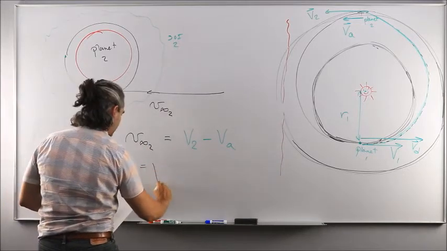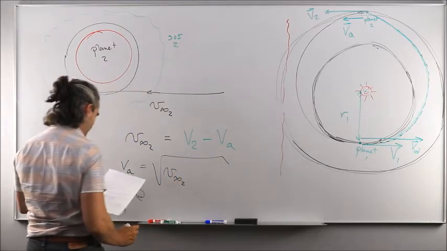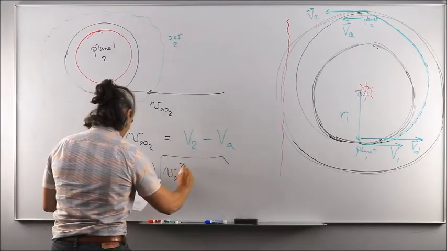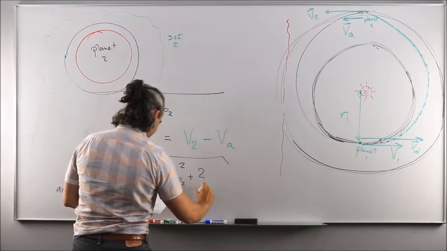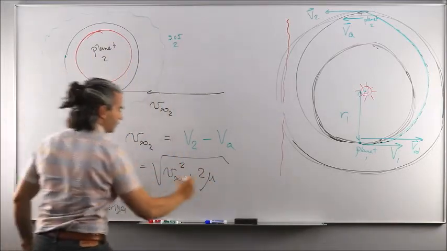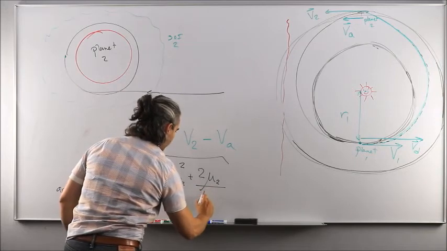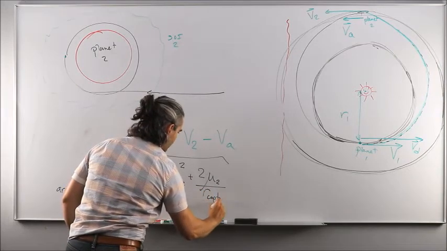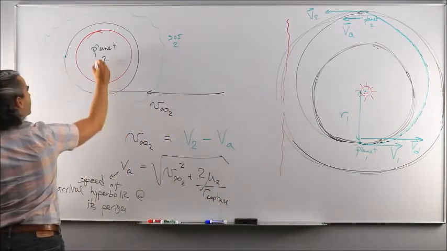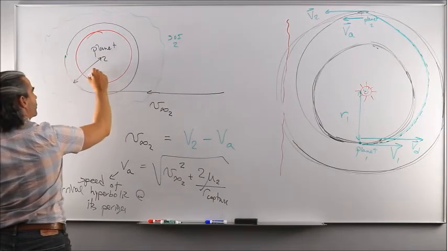So you could write square root of V infinity at planet 2 squared plus 2 mu of planet 2, 2 mu 2, over R, and R is going to be R capture, which is the radius of this circular capture orbit.